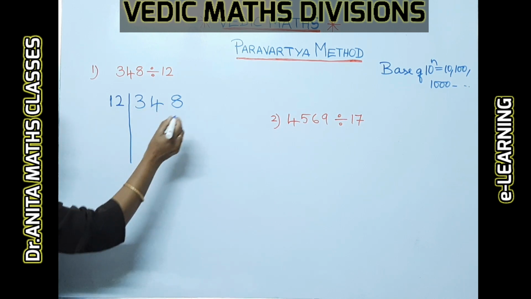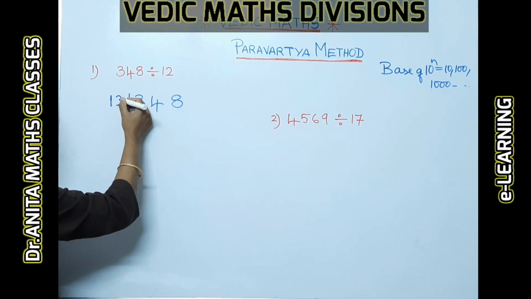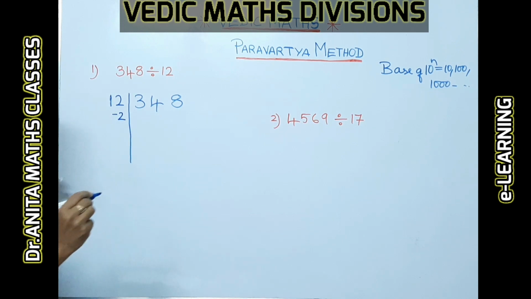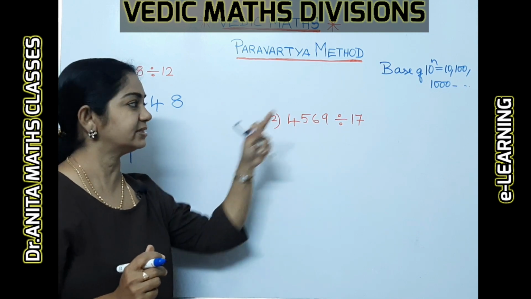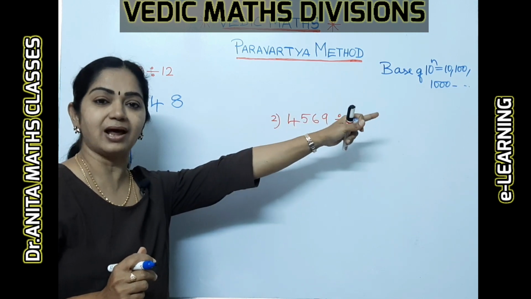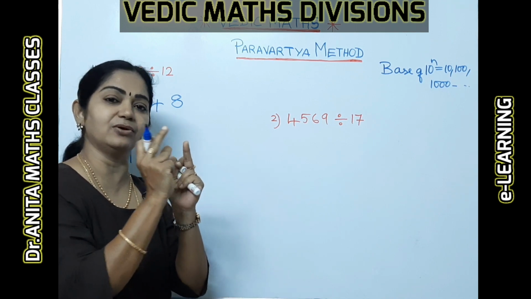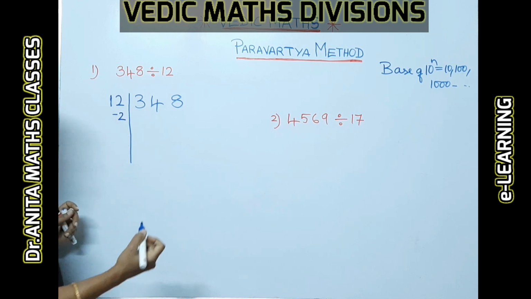For the next number, you have to write the transpose. Transpose means the negative of that number, so for 2, the negative is minus 2. If you divide with 12, leave the 1, and for the 2 write the transpose, minus 2.